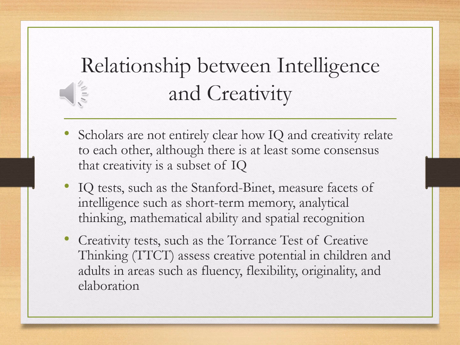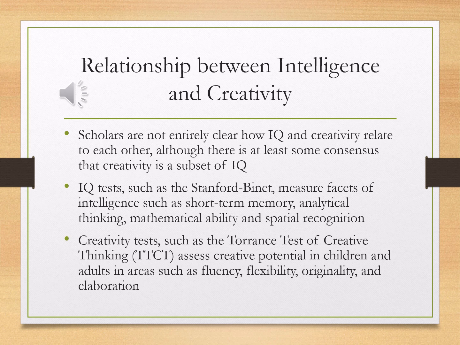So the Torrance test of creative thinking, or the TTCT, is a very popular, very well-known creativity test. So it is getting at some things that the Stanford-Binet IQ test does not get at. So it's looking at creative potential in those areas that we were talking about earlier.